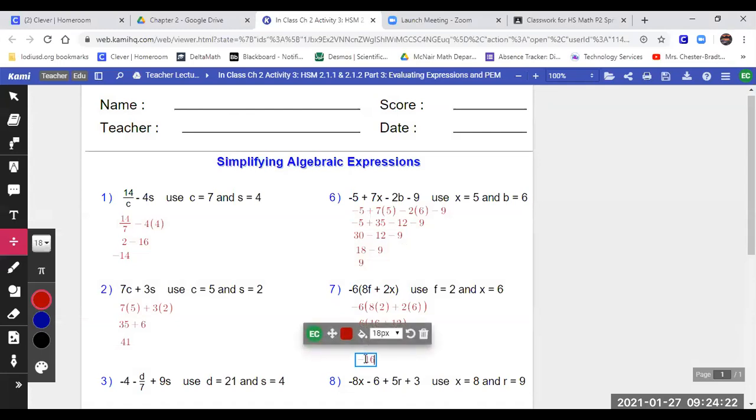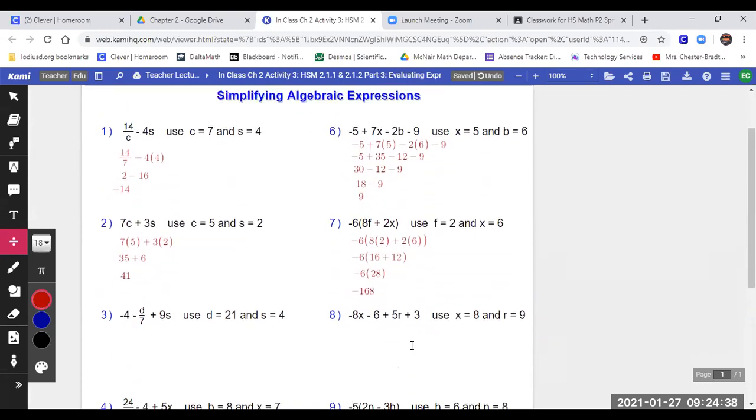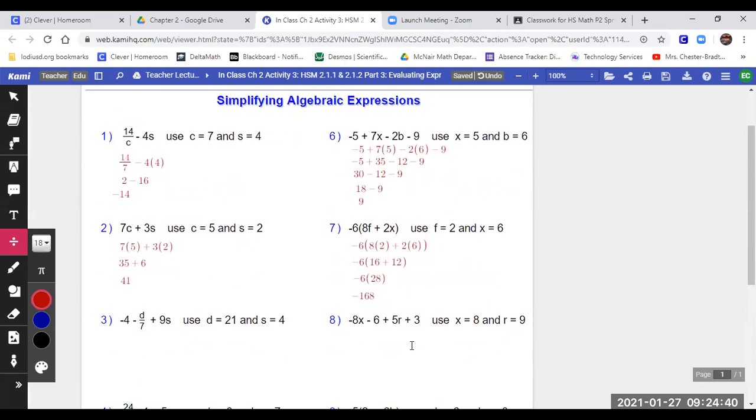So this is gonna be -168. We don't have to worry about putting the -6 in the calculator, we just put the 6 times 28, stick the negative on it, okay? Questions about that? Are we okay with that?